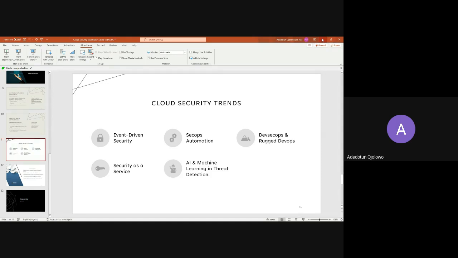And lastly, we definitely can't not talk about AI in today's world. There are so many ways that we can leverage AI and machine learning to ensure that threats are easily detected, and to improve our response capability. For example, one very good one is AWS GuardDuty. AWS GuardDuty will help you use machine learning to easily identify threats and malicious IPs in your AWS environment.